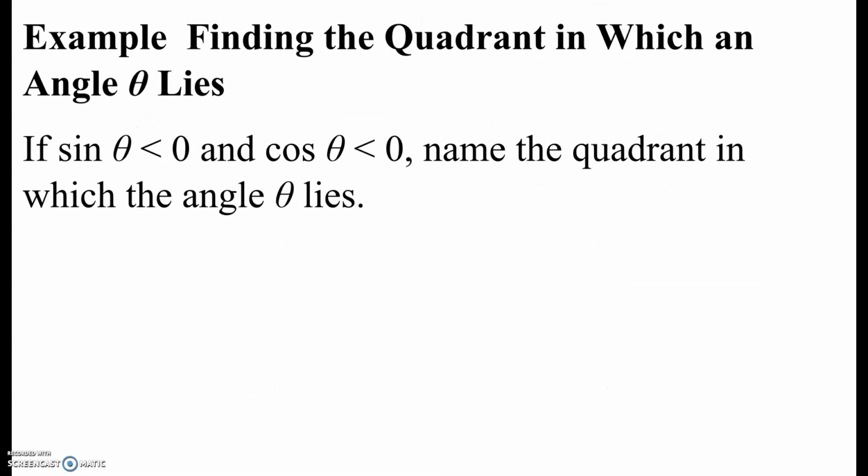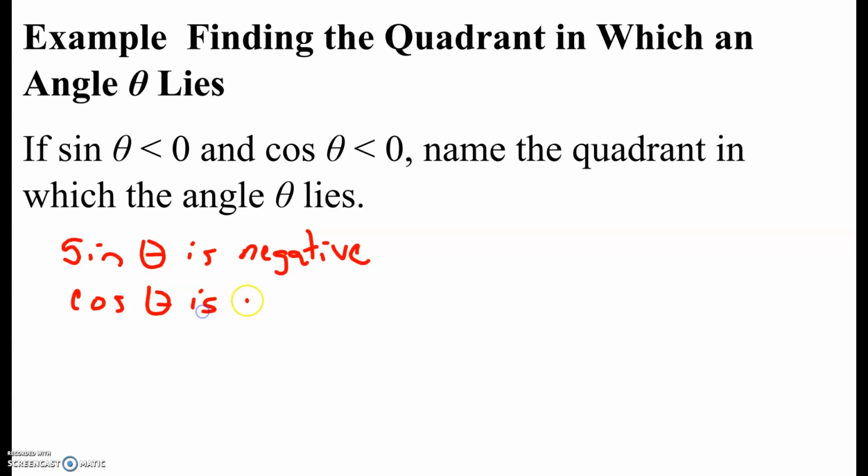So we could be asked a question like, if sine of theta is less than 0 and cosine of theta is less than 0, name the quadrant in which the angle theta lies. So in this case, sine of theta is negative because it's less than 0.